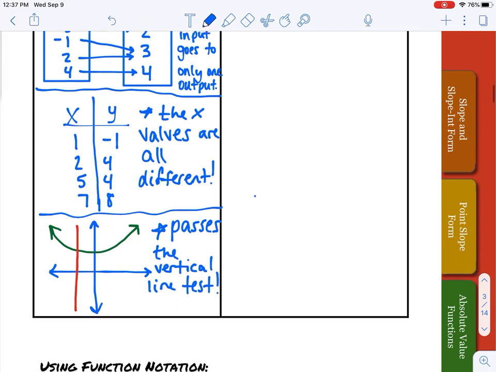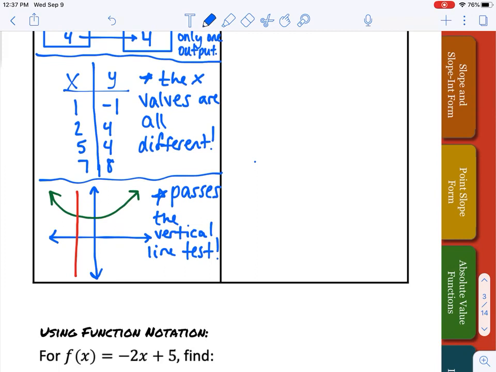Now in your homework, you're going to have some questions sort of like this that ask you to find the domain and the range. On a graph like this, it's kind of hard to imagine, but this graph actually extends to all real numbers in the x-axis. So our domain would be x is all real numbers.